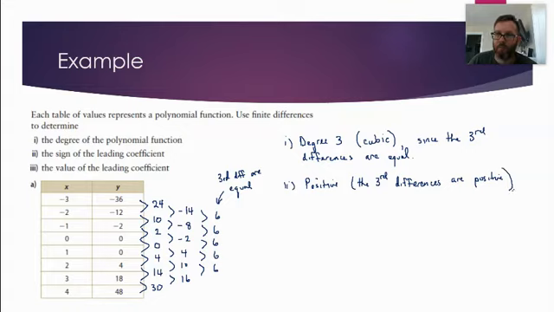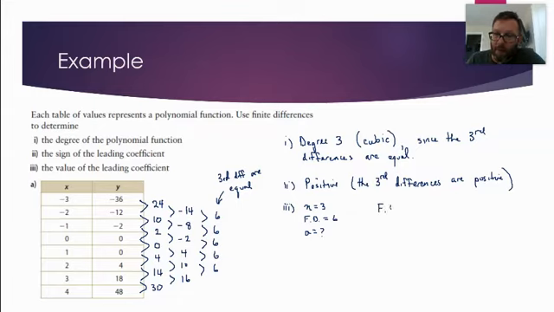All right, now let's find out what the leading coefficient is in this case. What we have here is the degree, n, is equal to 3, and the finite differences are equal to 6, and we don't know what a is. So we can set up our little rule that we developed.